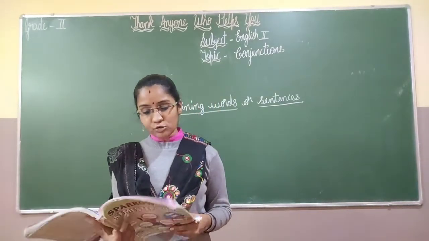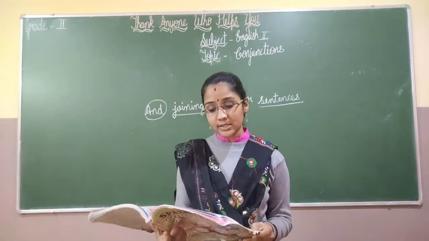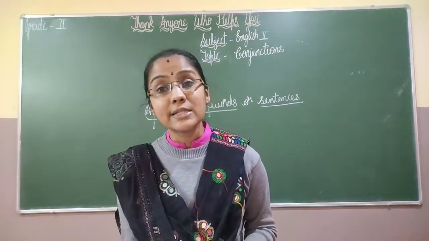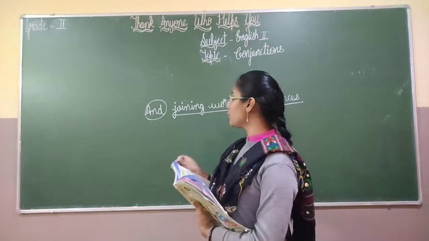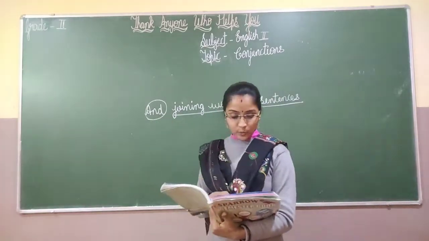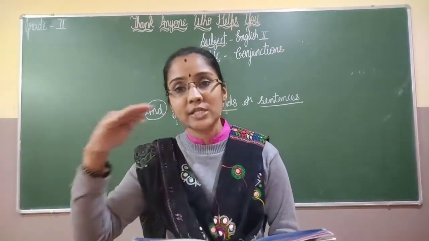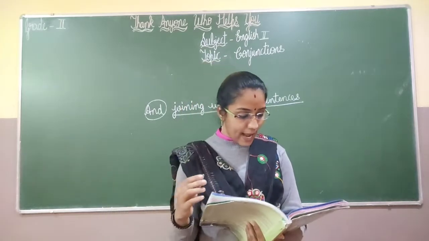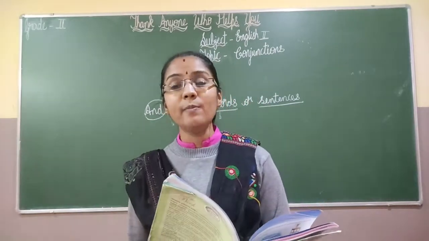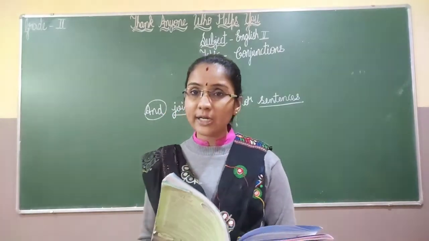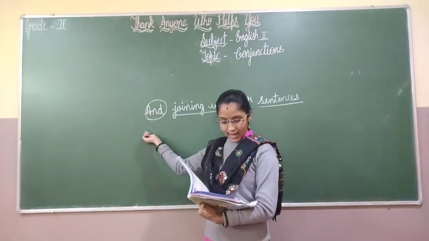We use and to join words and sentences when they express similar meaning or extend their meaning. So when the meaning is the same and it extends the meaning of the same sentence, we are going to use and.